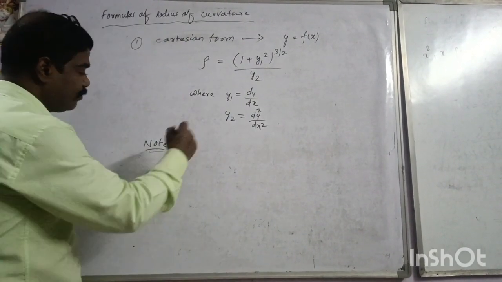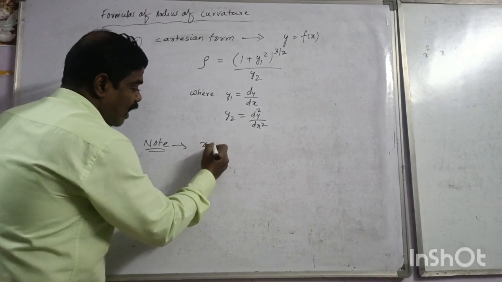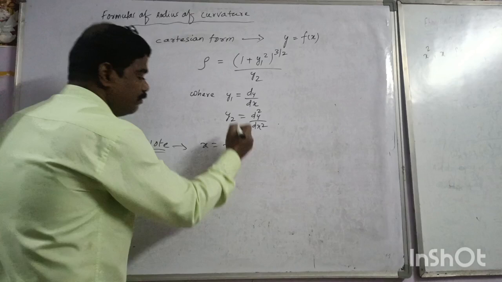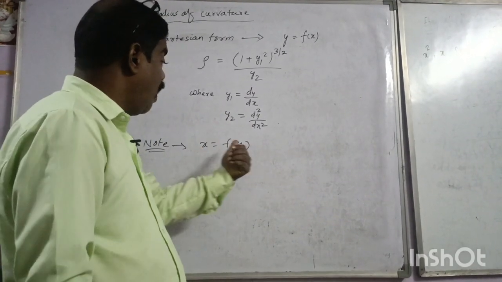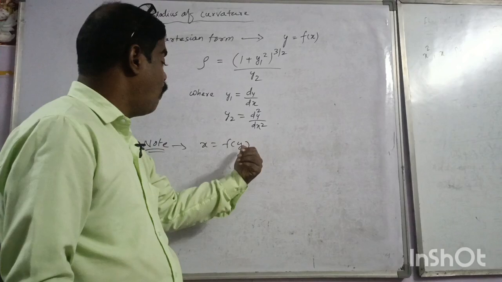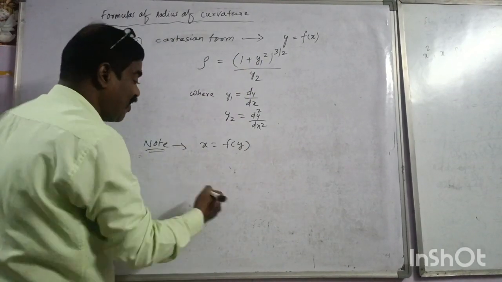Similarly, x is equal to f of y. Here x is the dependent variable and y is the independent variable. So what you have to write simply changes.